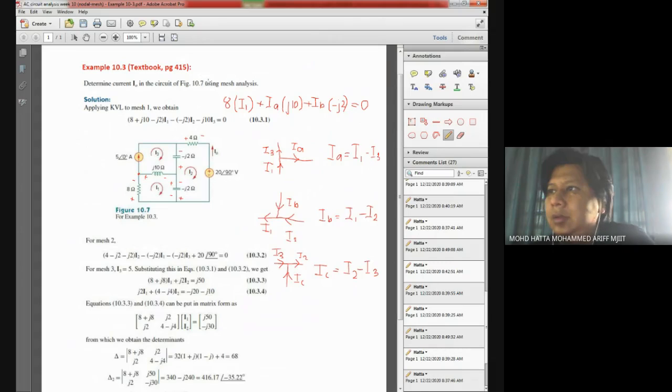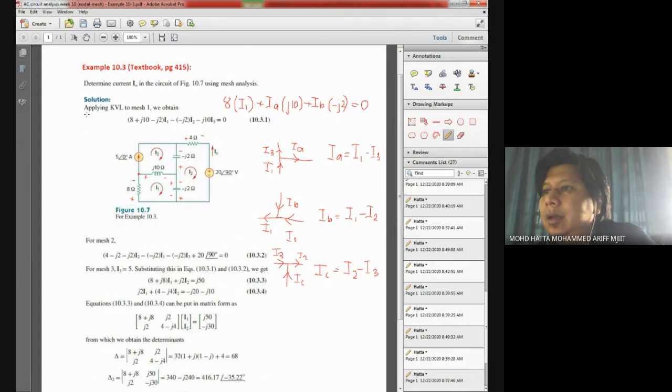To use mesh analysis, the first thing you need to understand is that you need to work out the KVL around the meshes. In this case, we have three meshes, as I noted earlier. We have I1, I2, and also I3. So we try to work out these three meshes one by one.